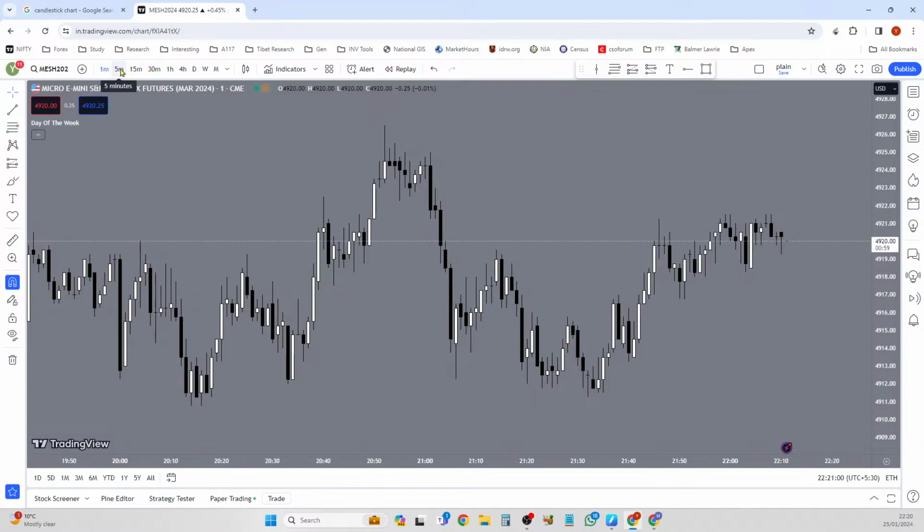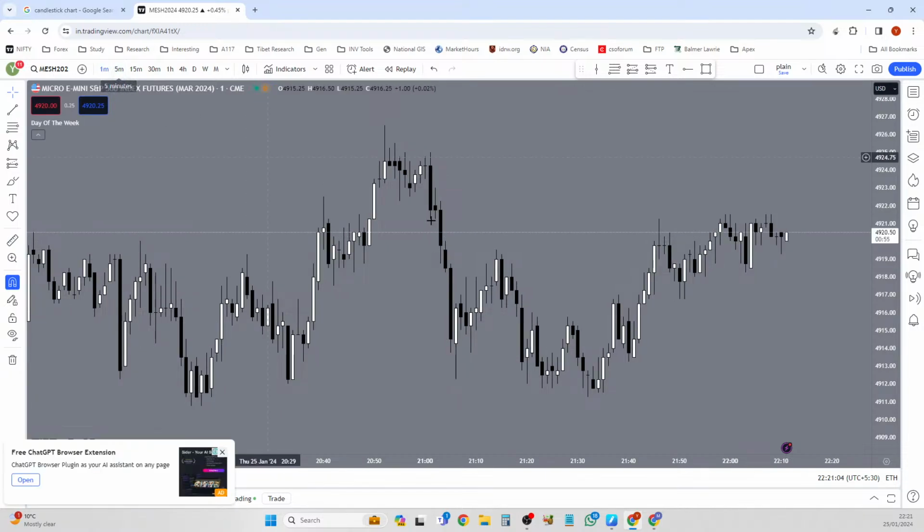If I change it to 5 minutes, every candle would then be marking, or let's say printing, at the interval of 5 minutes. So right now, the current candle over here is showing the fluctuations that have begun at 20 to 11 over here, the last candle over here, and it opened over here and it is going downwards.